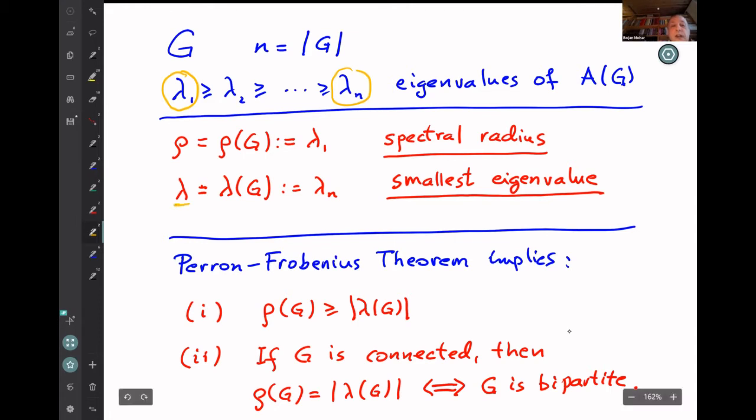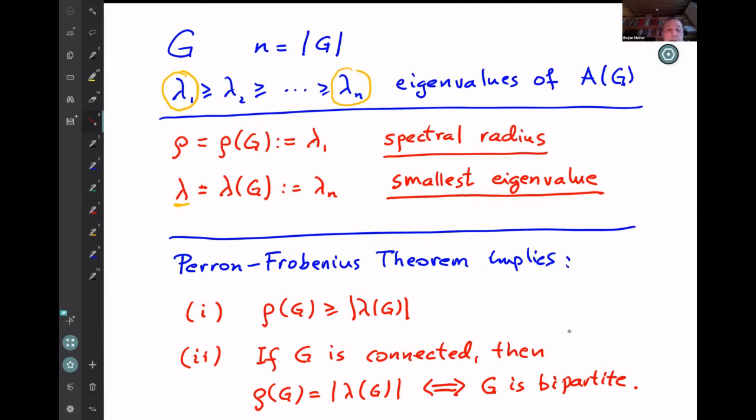The largest one is known as the spectral radius, and I will use the notation lambda for the smallest eigenvalue. Some people also use lambda sub min of G, but here we will use this throughout, and lambda of G just denotes the smallest eigenvalue. I'm assuming the audience is familiar with the basic properties of eigenvalues.